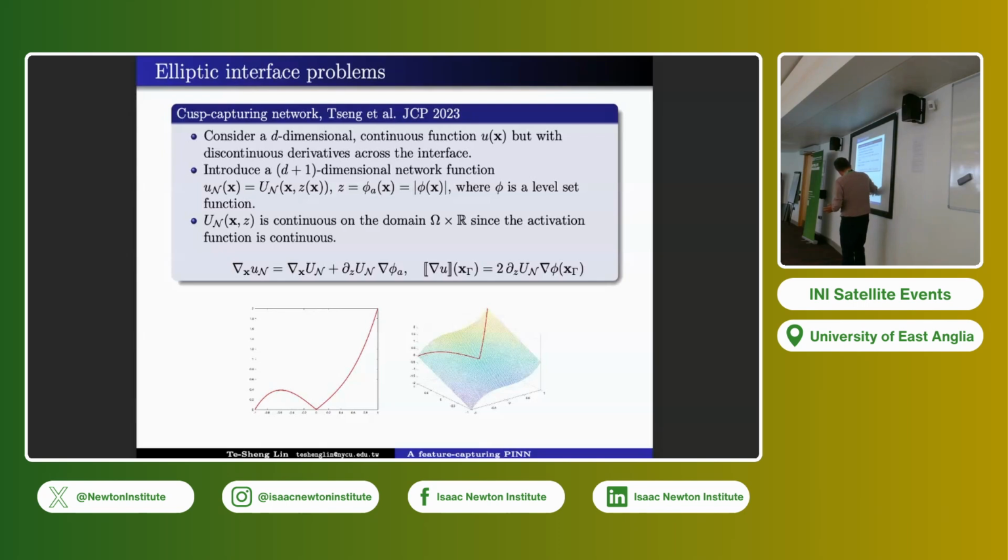So you have a two-dimensional smooth function and make a cut here, then the one-dimensional restriction will look like this one, which is smooth in each piece, but has a discontinuity in the derivative. Okay, a very simple idea.